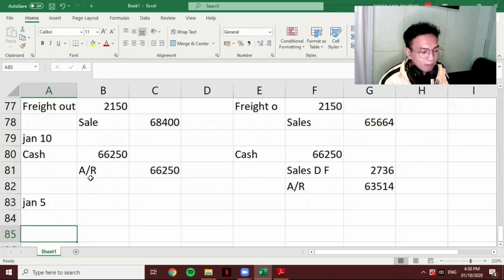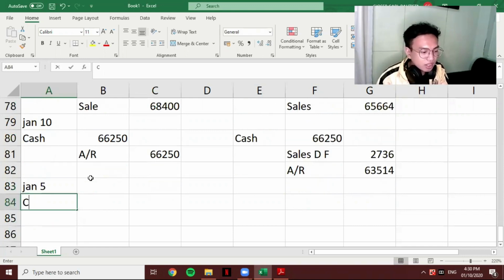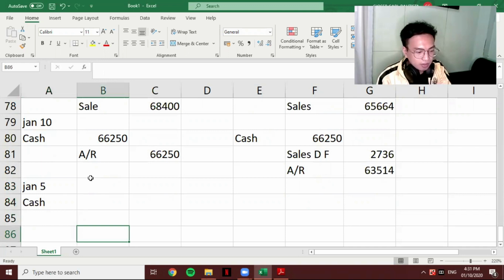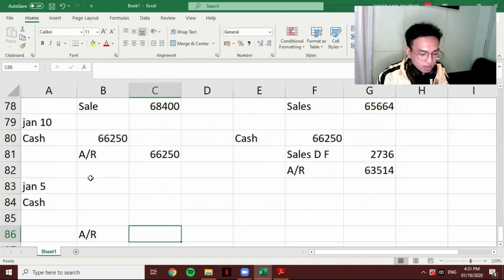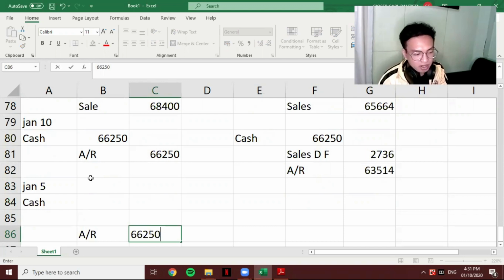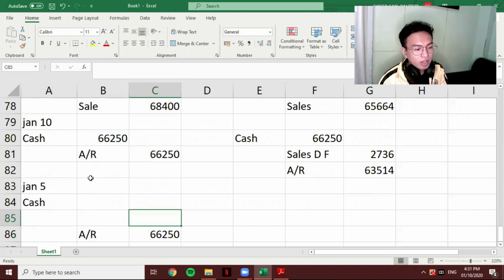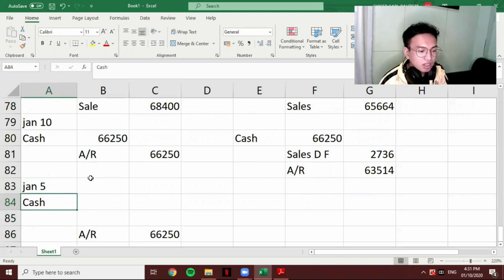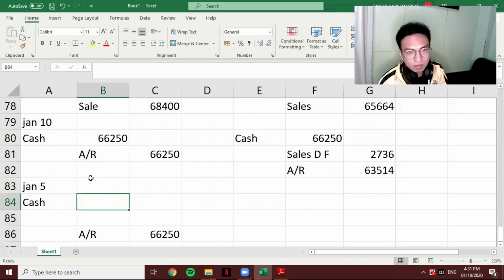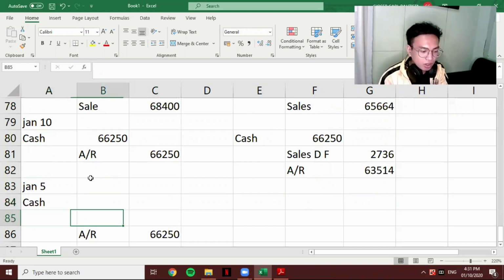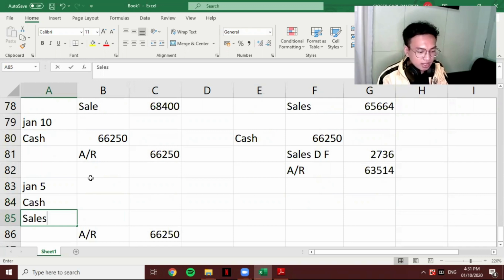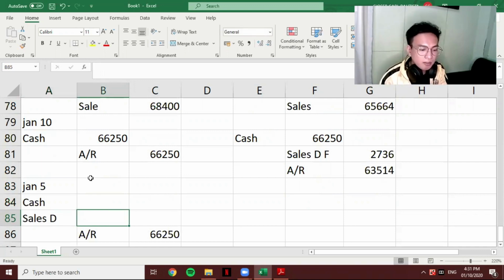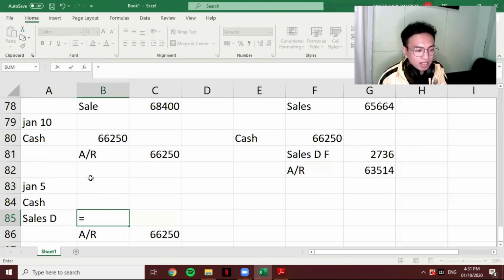What will happen? Cash and your AR. AR is 66,250 sa ating gross method. But we know that the cash received from your customer will be diminished by your sales discount on gross method. What will be your sales discount?